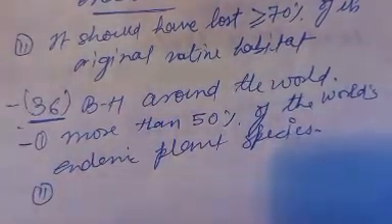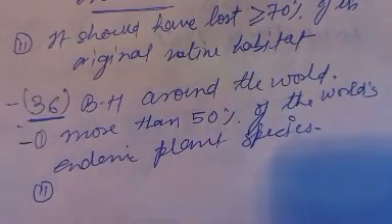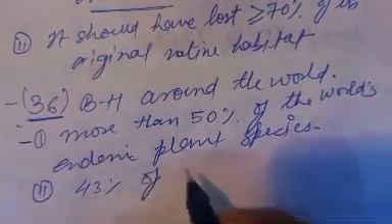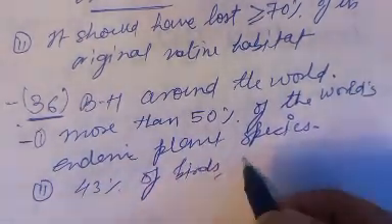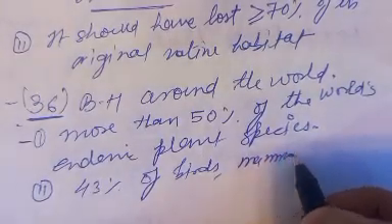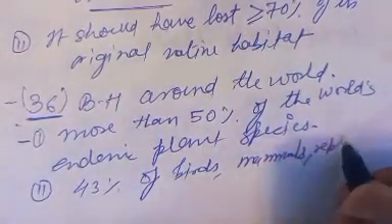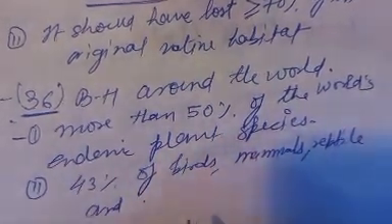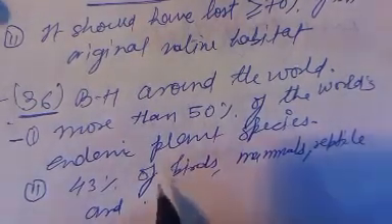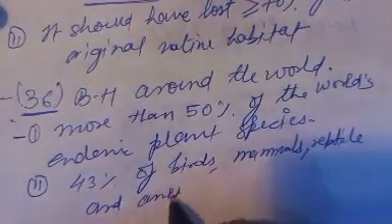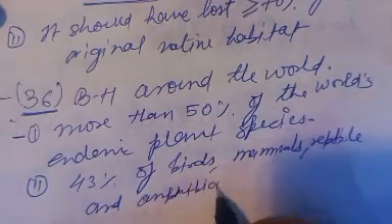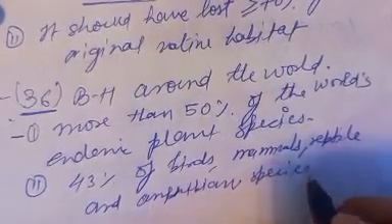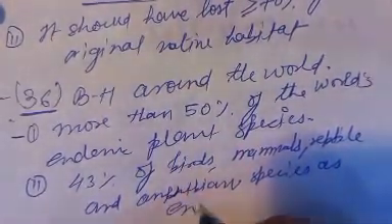Some important facts about these biodiversity hotspots: 43% of birds, mammals, reptile, and amphibian species are endemic.